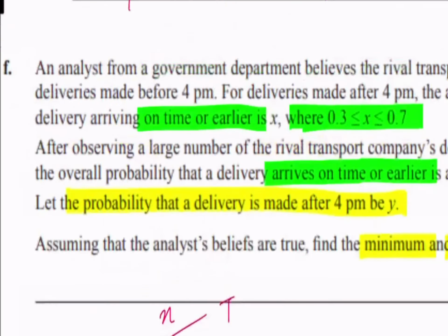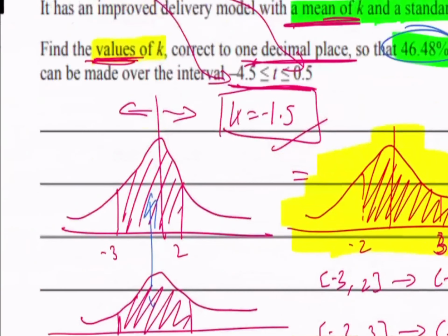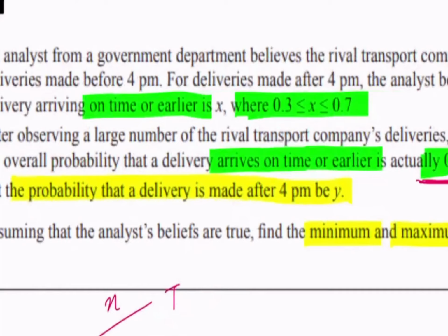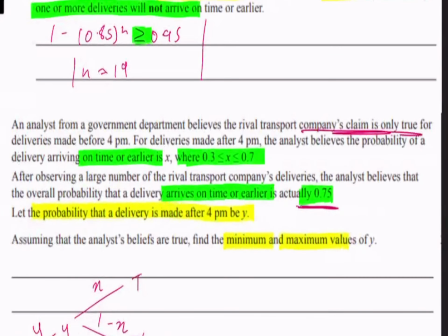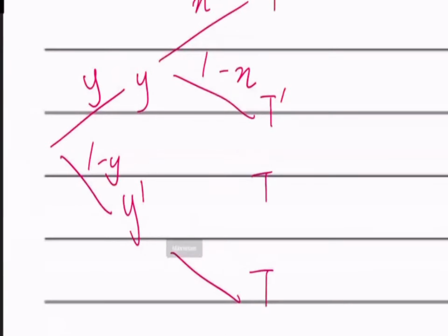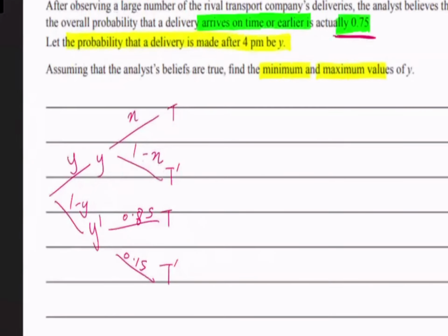It says up here that the analyst's claims are only true for deliveries made before 4 p.m., so we can use the company's claims before 4 p.m. The company claimed it was 0.85, so we can use that value here, and 0.15 here.